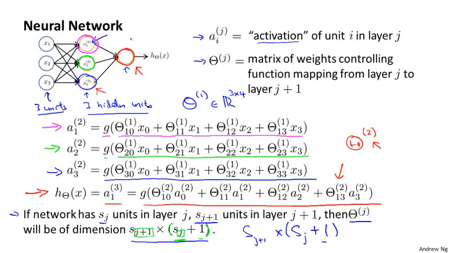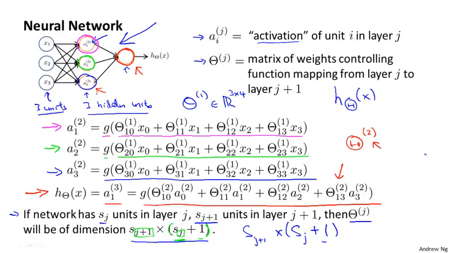To summarize, what we've done is shown how a picture like this defines an artificial neural network which defines a function h that maps from x's input values to hopefully some space of predictions y. These hypotheses are parameterized by parameters that I'm denoting with capital theta, so that as we vary theta, we get different hypotheses, different functions mapping from x to y.